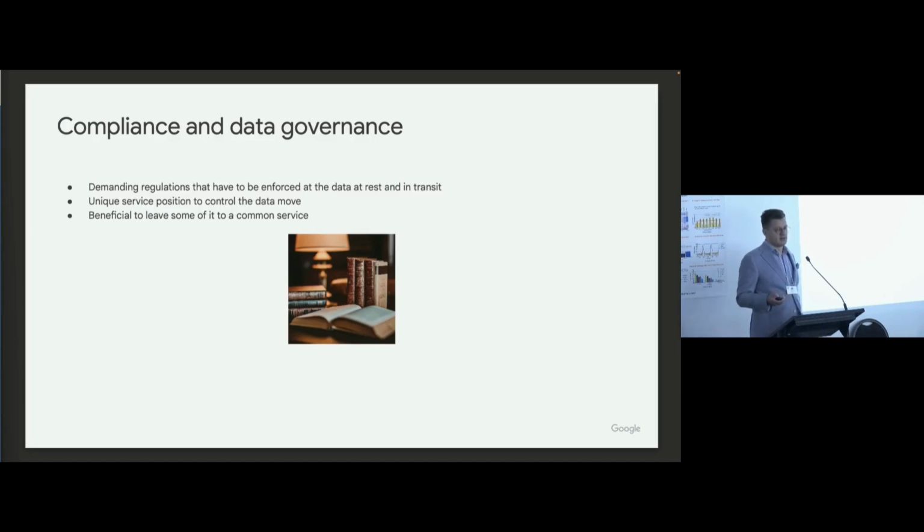Meaning that maybe there is regulation, you need to avoid certain localizations because, for instance, of European Commission law that you cannot move data from France to US because of some particular agreements, and it makes sure that all the constraints are followed, but also leaves a lot of room to our users.